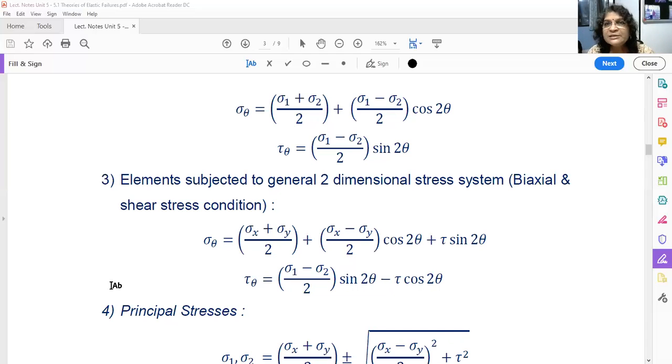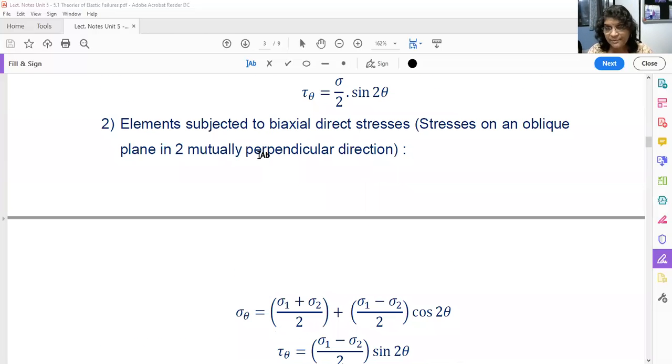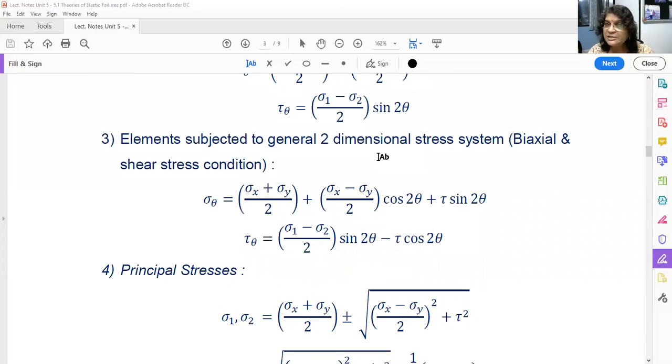In the previous case there were no shear stresses on the vertical and horizontal planes, but here the shear stresses are also acting. So what will be the stresses induced along the plane making angle theta with the vertical axis? Sigma theta is equal to sigma x plus sigma y by 2, plus sigma x minus sigma y by 2 cos 2 theta, plus tau sin 2 theta. And tau theta is equal to sigma 1 minus sigma 2 by 2 into sin 2 theta, minus tau cos 2 theta. What is this tau?